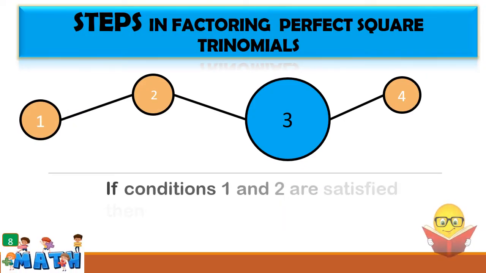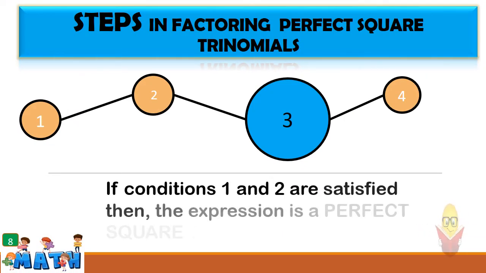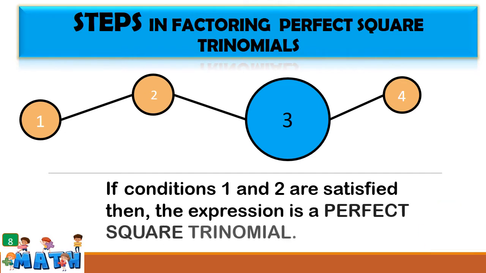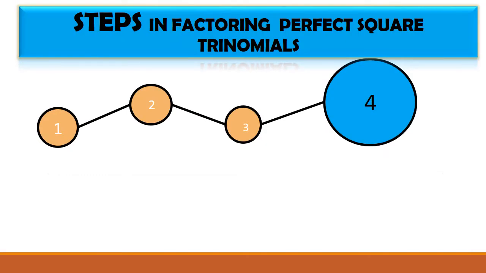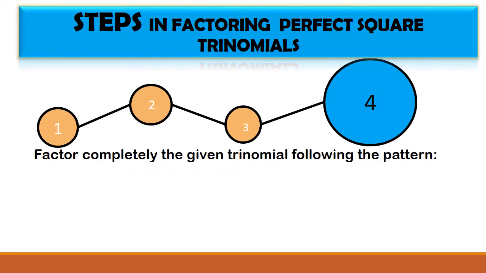Step number 3, if conditions 1 and 2 are satisfied, then the expression is a perfect square trinomial. And step number 4, factor completely the given trinomial following the pattern.